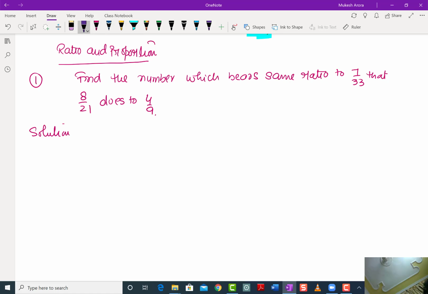So let the number be x. Ratio 7 by 33 should be equal to 8 by 21 ratio 4 by 9. Now we can use the formula of product of means, or we can use ratio: x by 7 into 33 is equal to 8 by 21 into 4 by 9.